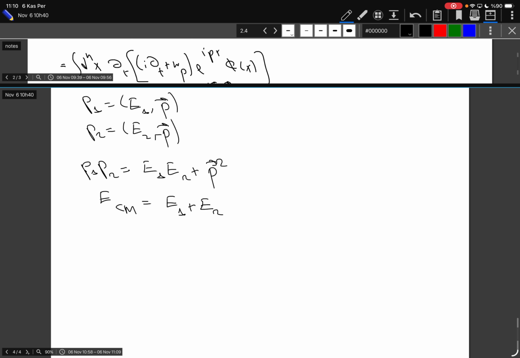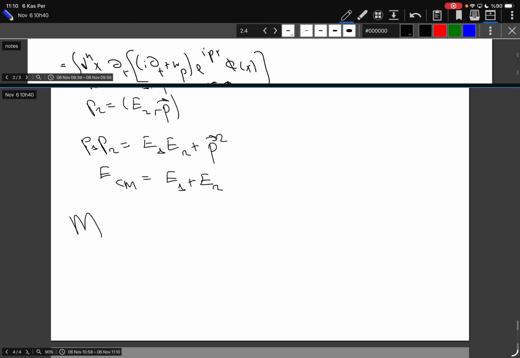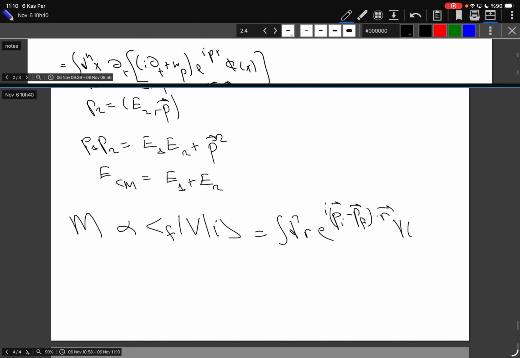And remember what m is. In first order, in the Born approximation, this is just the matrix element of the potential. But this matrix element is nothing but, if I use plane waves, that is just the Fourier transform of my potential.